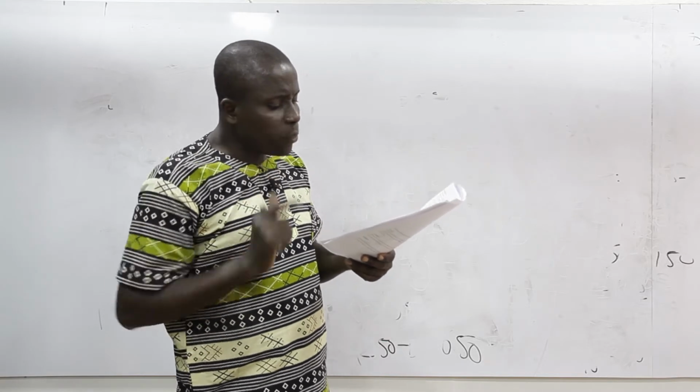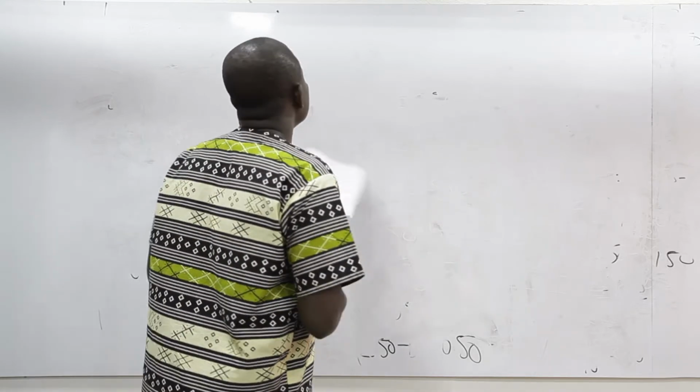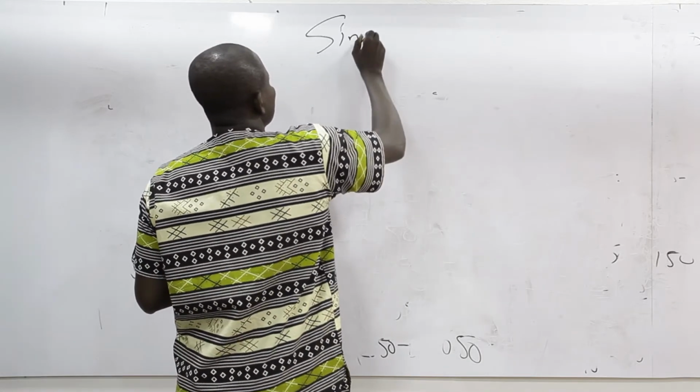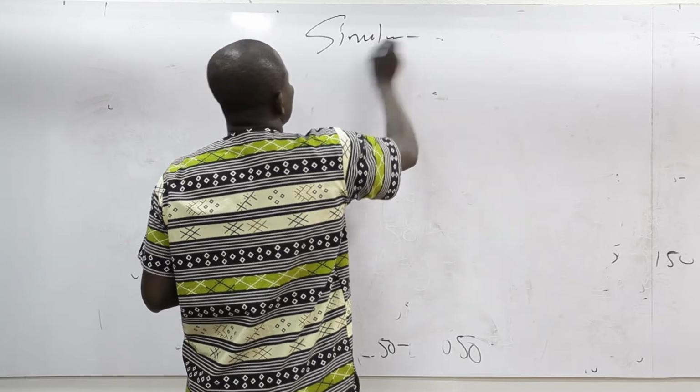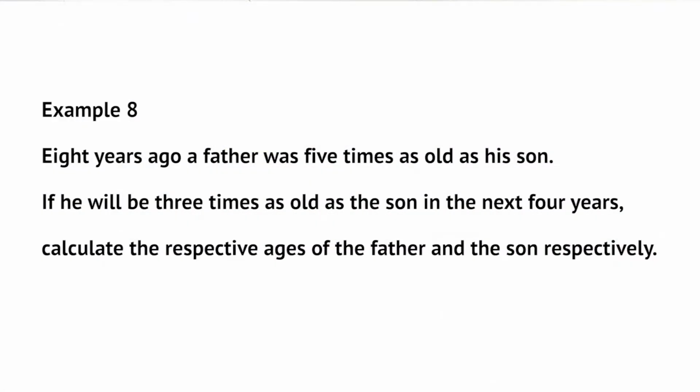Example 8. We are still on simultaneous equations. He said that 8 years ago, a father was 5 times as old as the son. When you go to the linear equation, you see that we learn something like that.